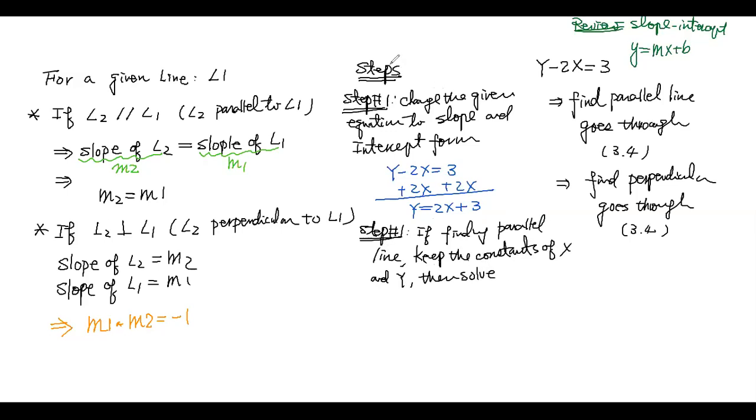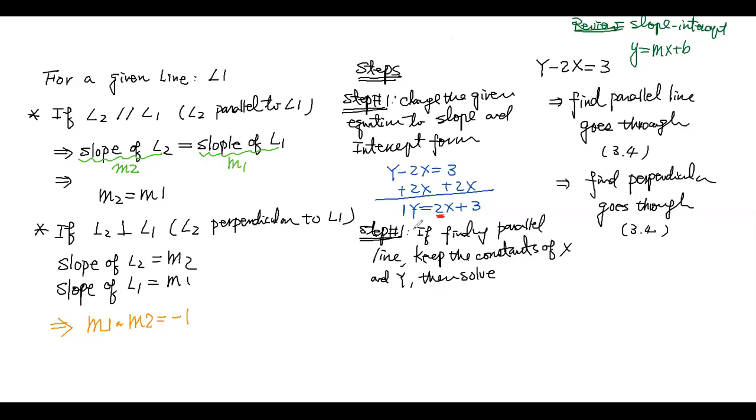Okay, so what does that mean? That means in here, the constant of y is 1, right? So y is equal to, you can write it as 1y, right?